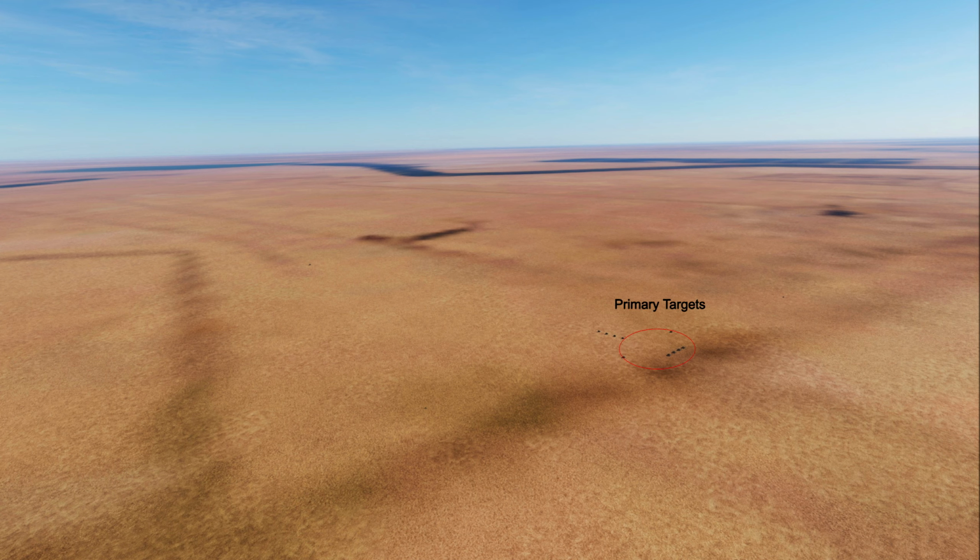Okay, so these are our primary targets, and our primary targets consist of 4 main battle tanks and 2 supporting APCs. So we're looking for an attrition rate of 50% or higher, meaning that we're looking to inflict 50% or more damage on our primary targets. And here are our secondary targets / support elements.